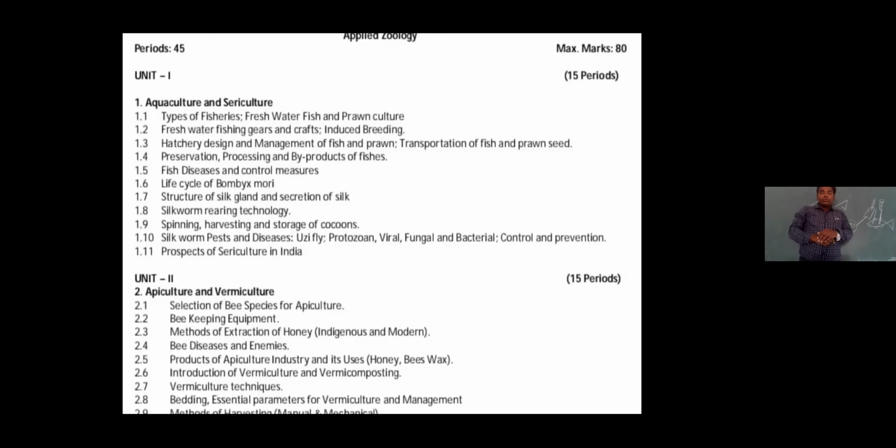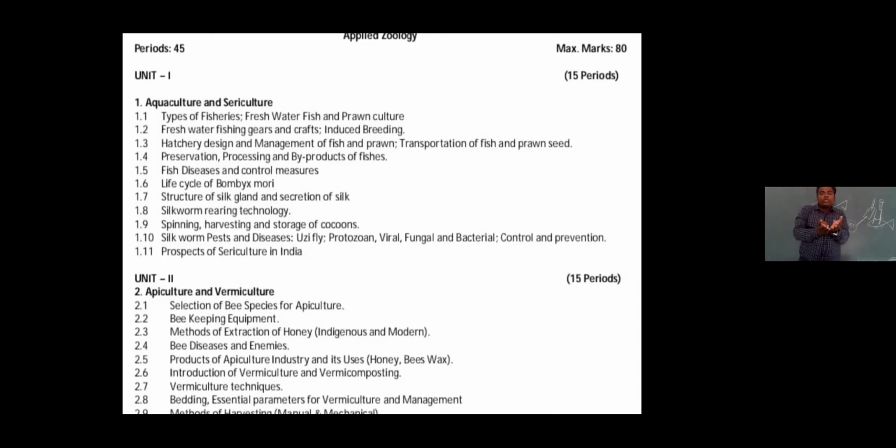We should choose big brooders, both female and male brooders. We choose the fish and inject this pituitary gland secretion into the ovaries.